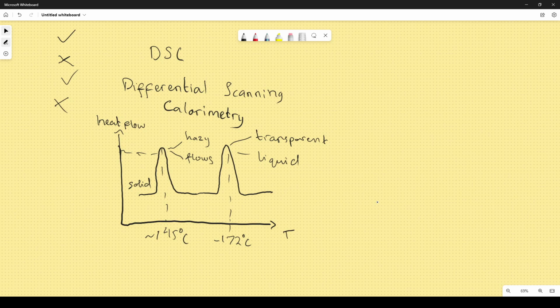So what we can say about this is, this is the solid area, and in here we reach the liquid phase.